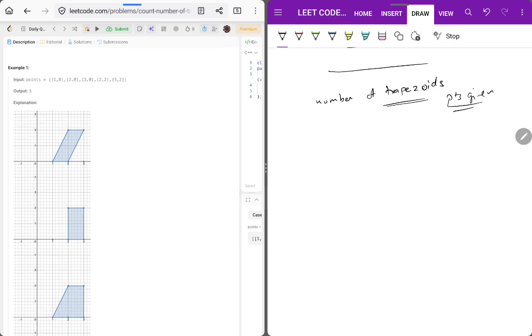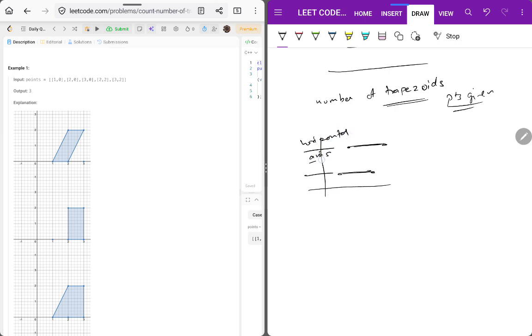So see the diagrams. One thing we can infer from here is whatever the points may be, among the 4 points, one pair and the second pair will lie on the same horizontal axis.